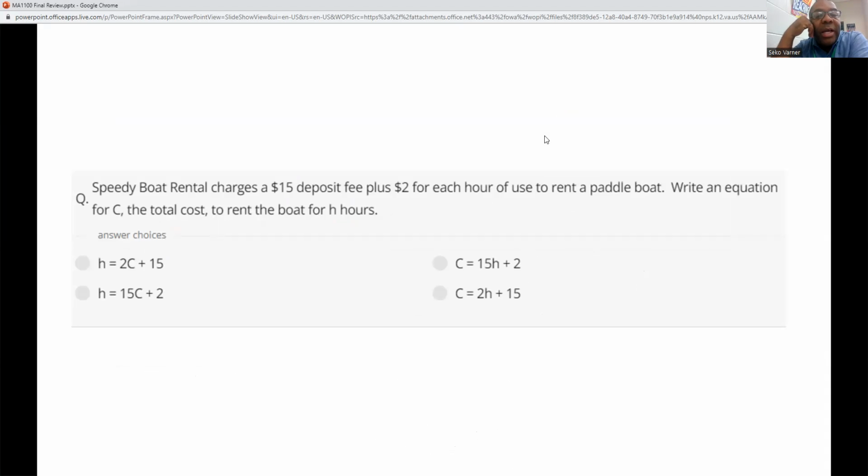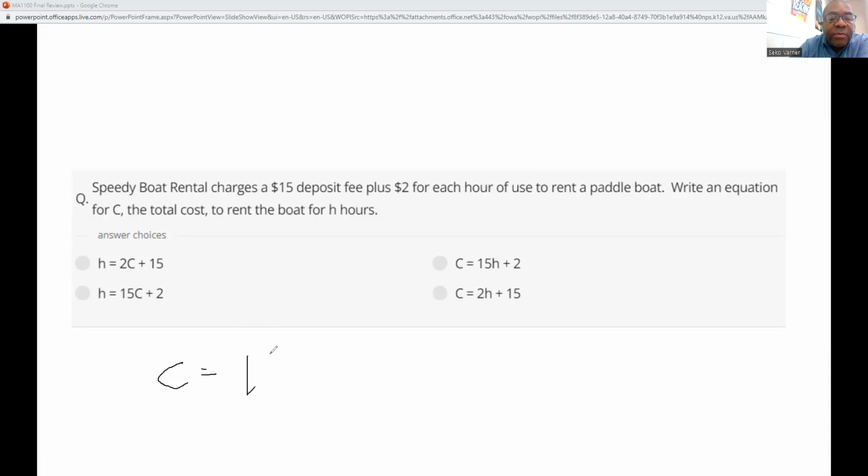Oh, man. Speedy Boat Rentals charges $15 deposit fee plus $2 for each hour of use to rent a paddle boat. Write an equation for C, the total cost to rent the boat for H hours. Okay. So C equals, what's it, $15 deposit.